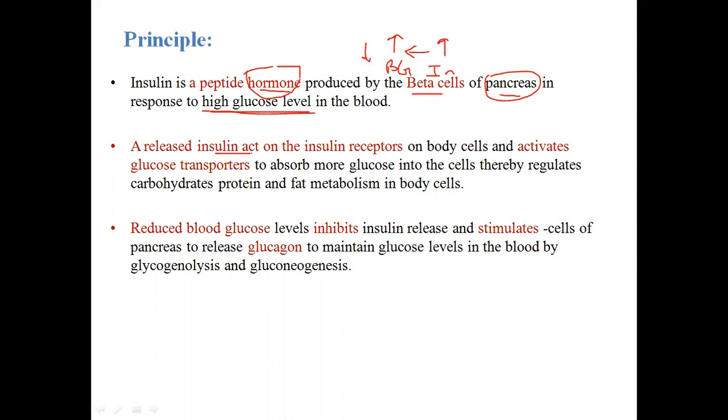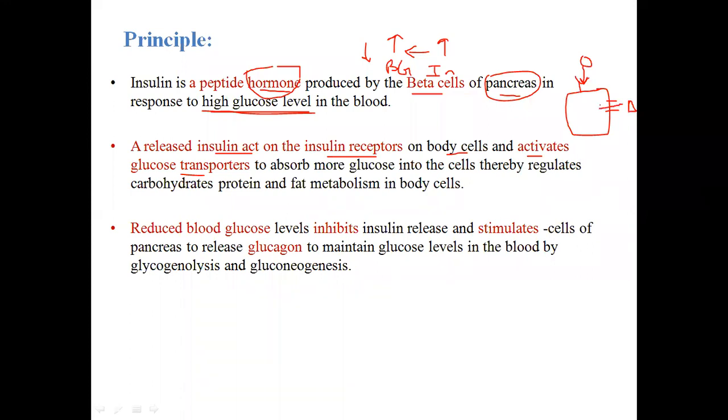Now the released insulin acts on the insulin receptor on the body cell. Just imagine, for example, this is the body cell and this is the insulin receptor. Insulin binds to this receptor and then activates glucose transport. This is the transporter of glucose, and this is your glucose molecule.